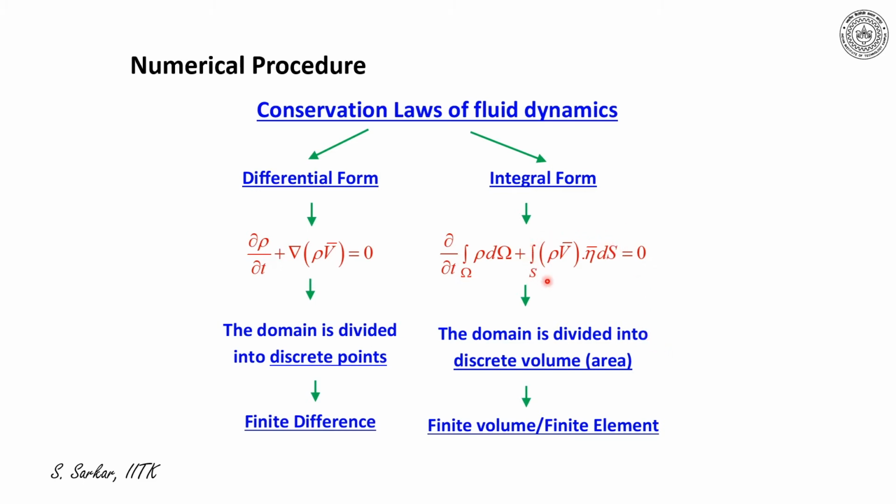This surface integral, which is integral of rho v dot eta into ds, represents the total flow flux out of the small volume omega. So this is the integral form of continuity equation, and this is the differential form of the continuity equation.